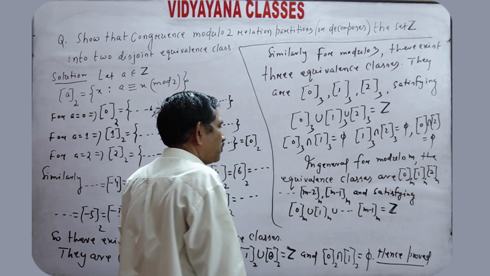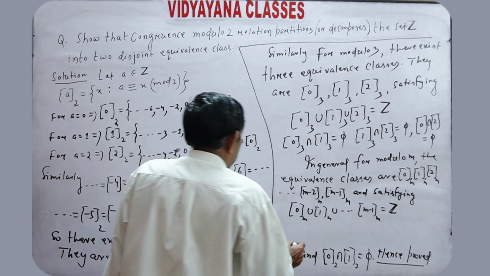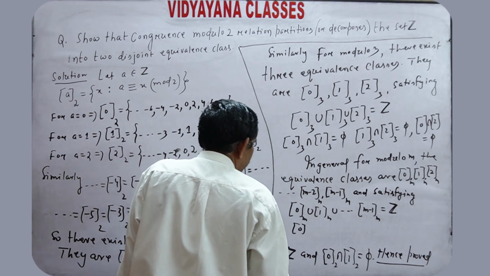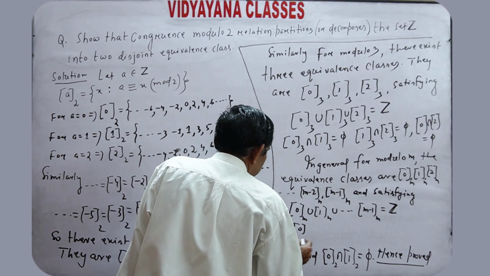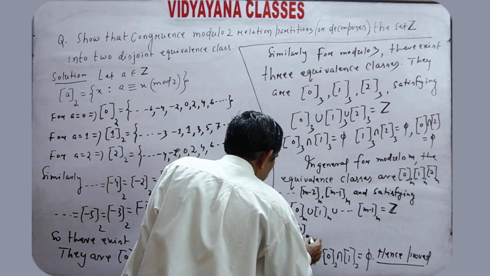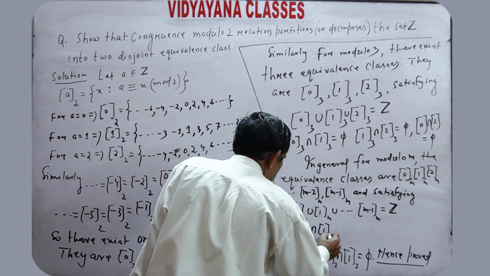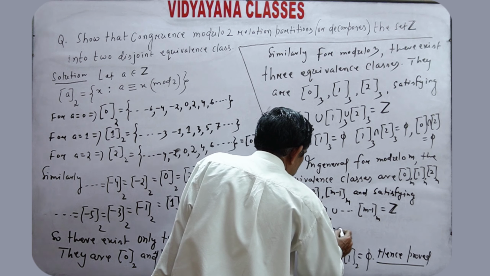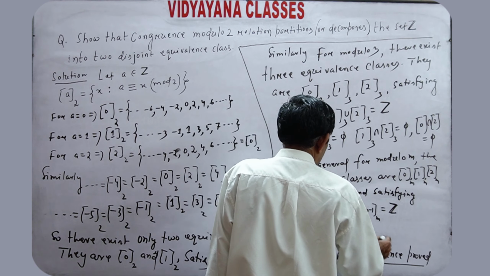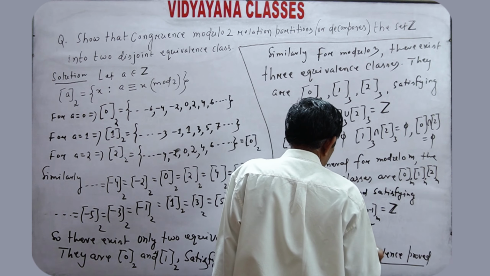And the intersection of any two, equivalent class of 0 modulo M intersection equivalent class of 1 modulo M is equal to phi, and so on.